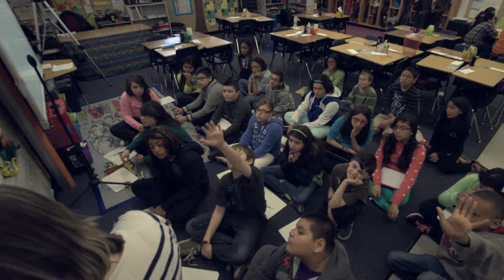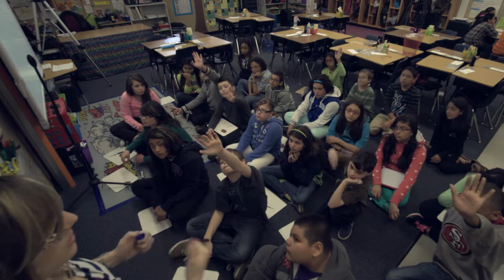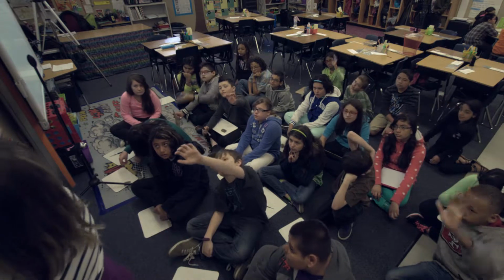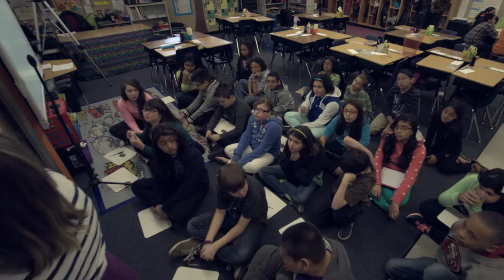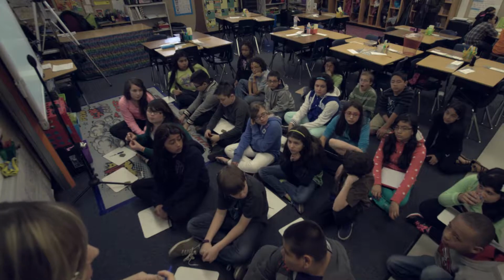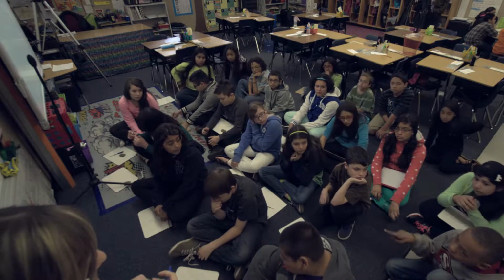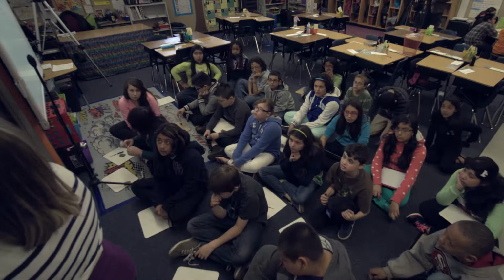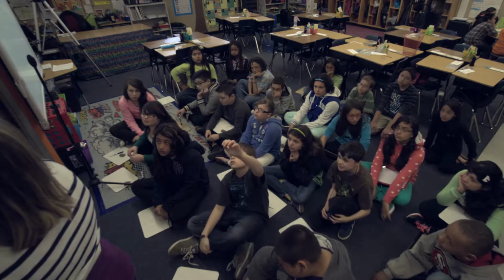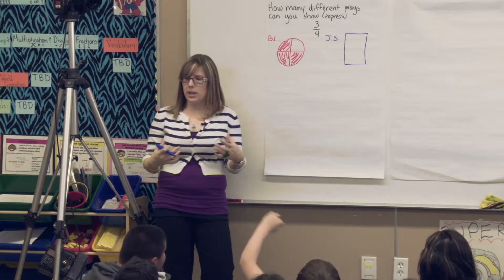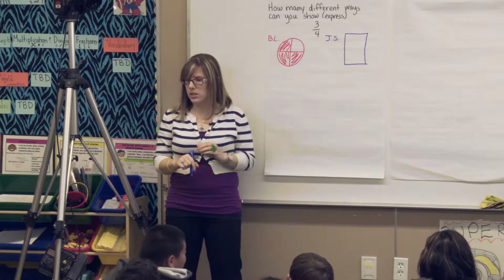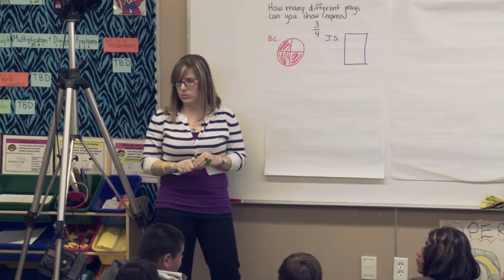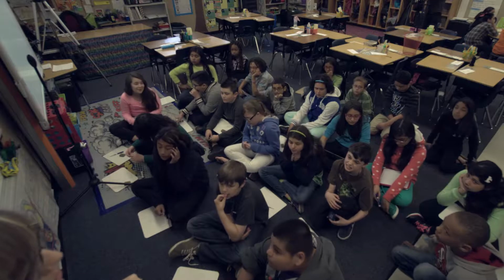Who has another answer? Josiah. Well, it's kind of like Brisa's strategy, but I did a rectangle and then divided it into 4. Can you describe for me how I would divide that into 4 pieces? Well, you can divide it in half.